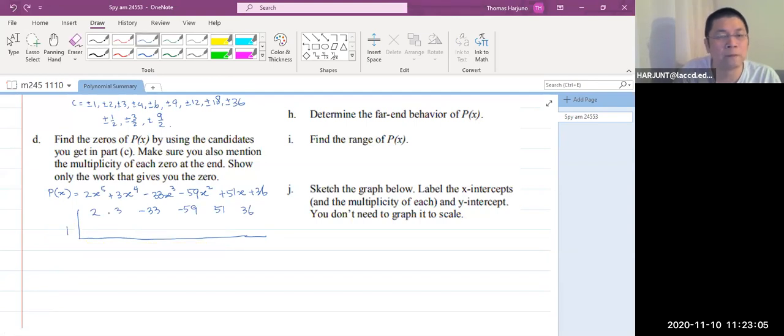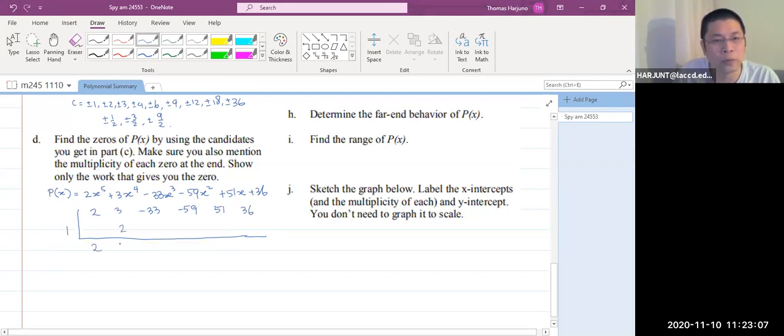Now let's start. This is 2, 5, negative 28, negative 87, negative 36, 0.